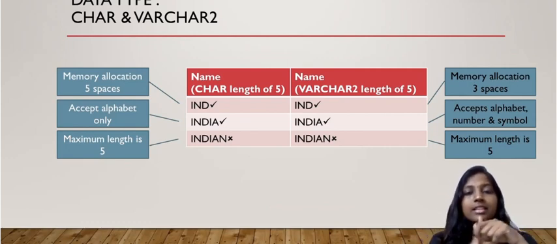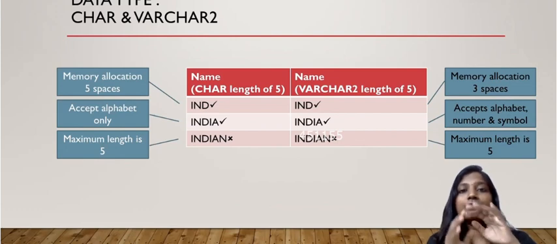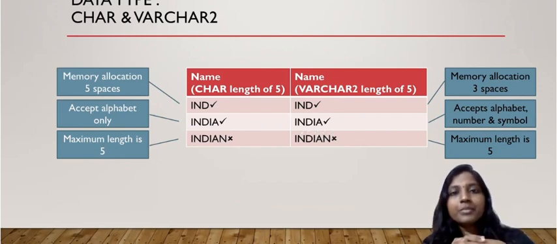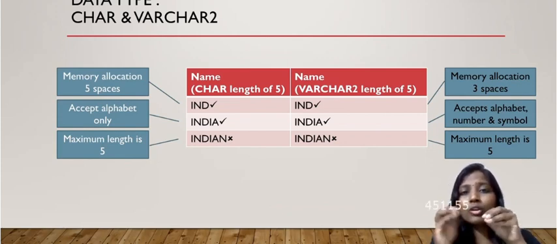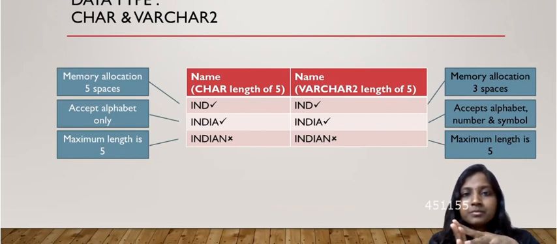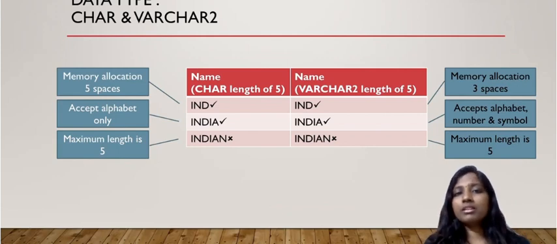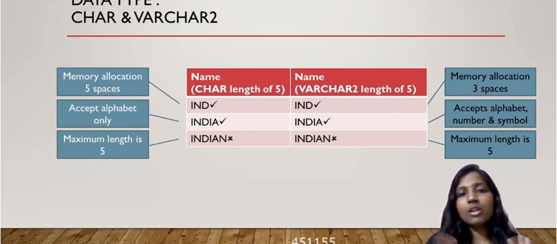Again, the second criteria, the first point what we have seen is, if you have some idea about the data, for example, abbreviations and initials of a person will be maximum 1 or 2 or 3 letters. It will never be more than 3.